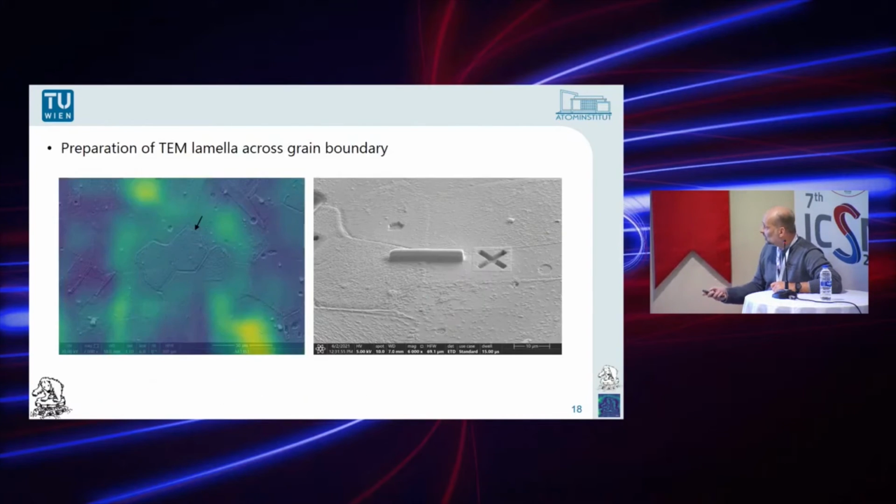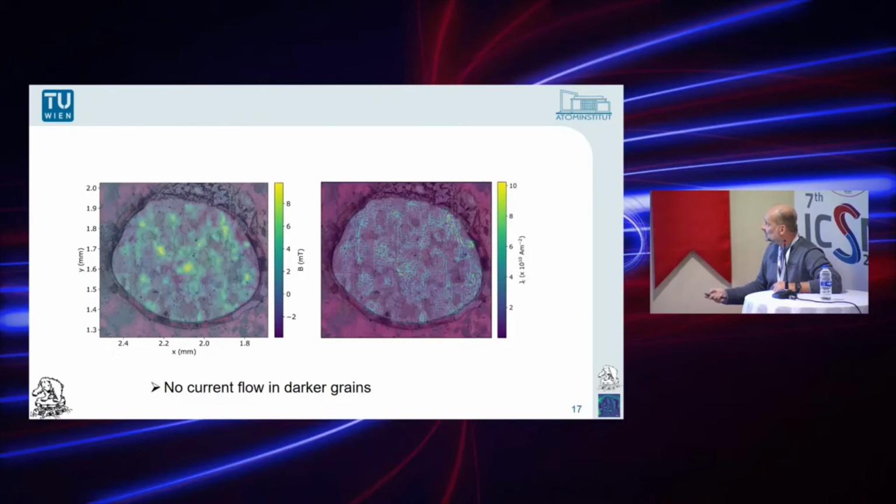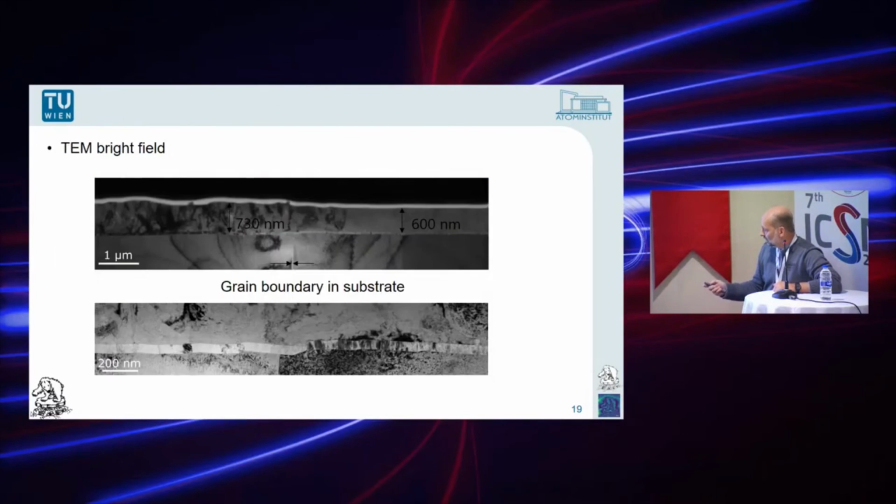And we looked here at what happens at these black spots, and so this is now an SEM picture of just a few grains, and we made here a lamella in between a good grain and a bad grain, and you see in the SEM also here, the surface of the bad grain is different, and we have here this boundary, and then we took out the lamella and put it in the TEM, and this is what we observe here.